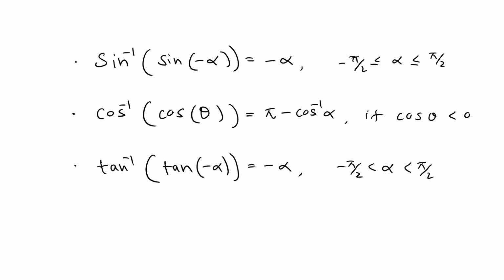Okay. So in summary, because of the odd function property of sine inverse and tangent inverse, you can simply write sine inverse sine of negative alpha as just negative alpha, and tan inverse tan of negative alpha as negative alpha, if alpha satisfies the domain. That means in between negative pi over 2 and pi over 2. And for cosine, if the cosine is negative, what we can do is always write pi minus cosine inverse alpha.